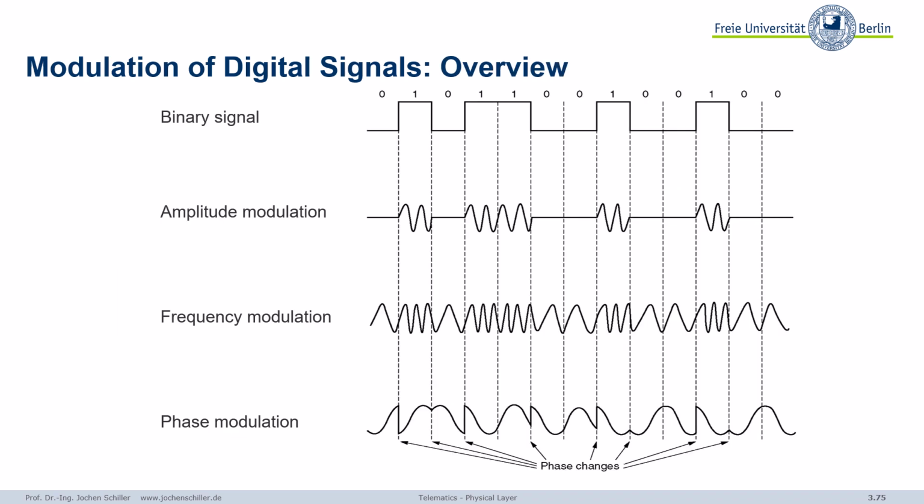So in an overview, you see we have a certain binary signal. This is fine for baseband, as we learned. This would be a classical non-return to zero code. We saw we can do it in better ways, 4B/5B, etc. But if we have to go broadband, we have to modulate this. For fiber optics, this would be a very simple way of doing it: light on and light off.